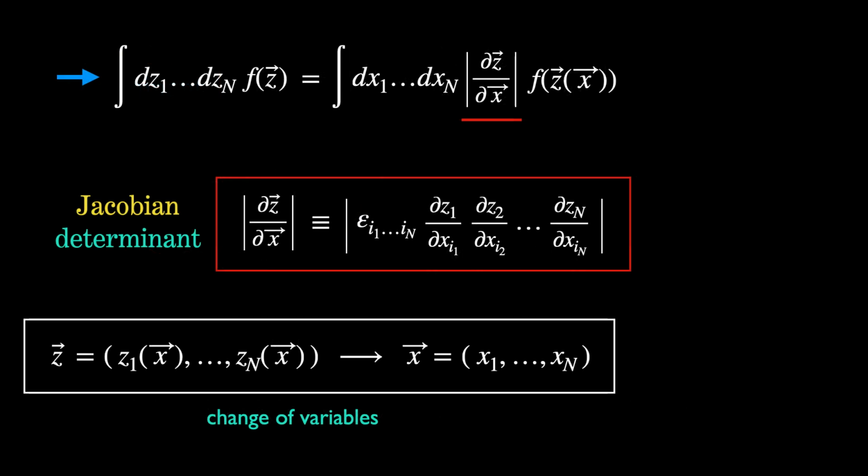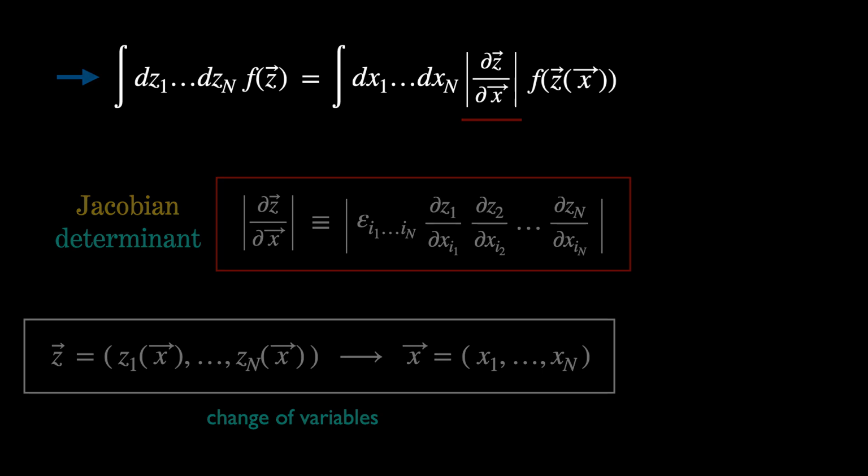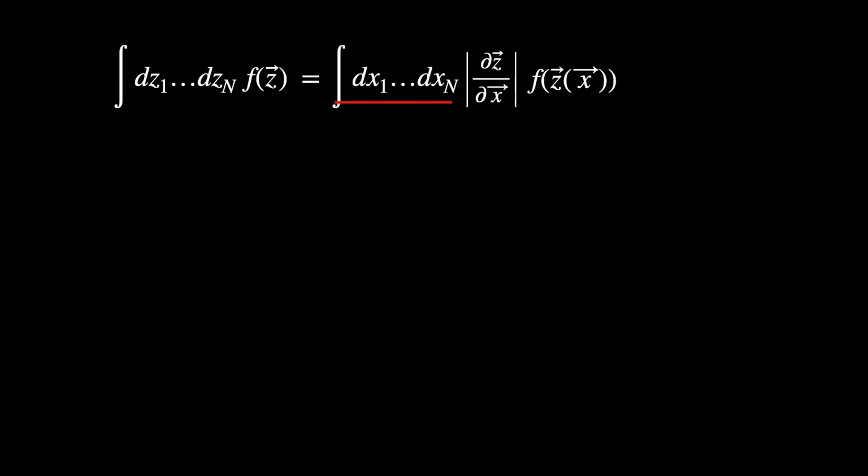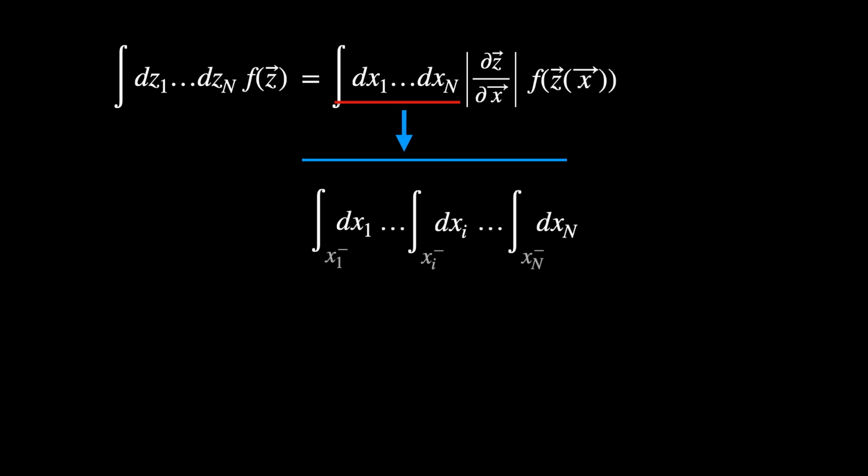Now let's explain why it is necessary to take the absolute value of the determinant. This is purely due to the convention we use for the integrals. Let's examine the integration limits on the right-hand side in details. The convention is to assume that the upper limit of an integral is always larger than the lower limit.